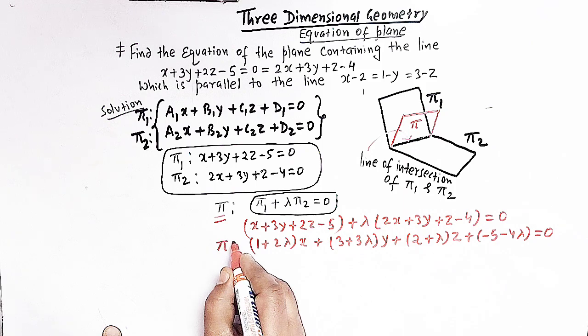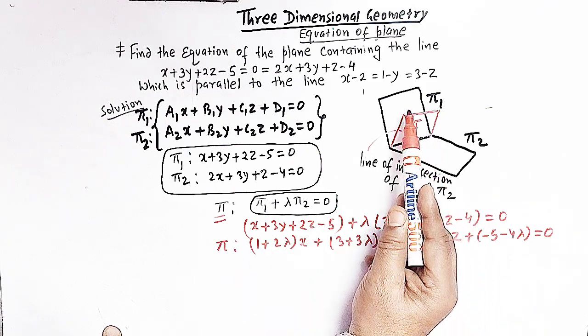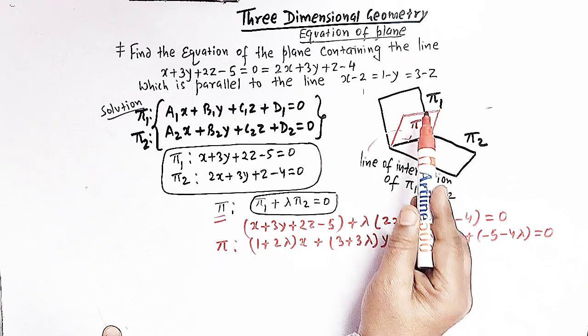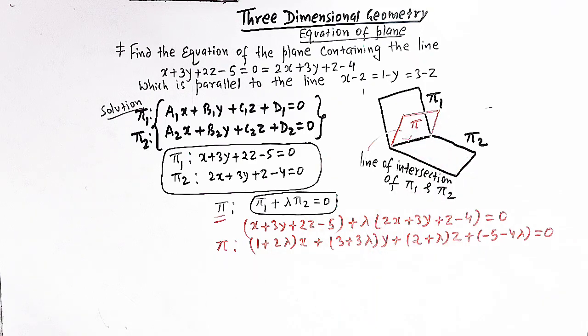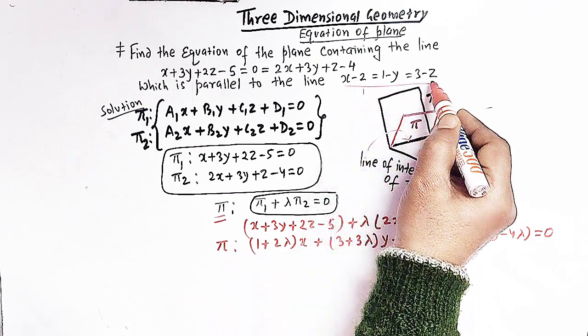So this is the equation of the plane pi, which passes through the line of intersection of these two planes pi 1 and pi 2. Now this plane pi is parallel to this line, right?